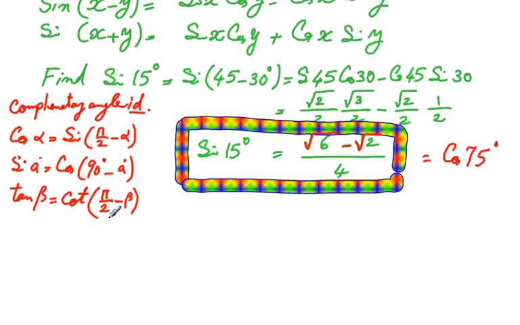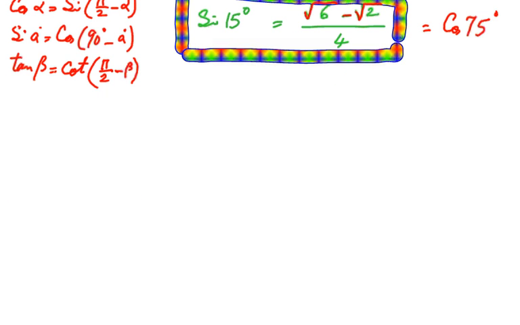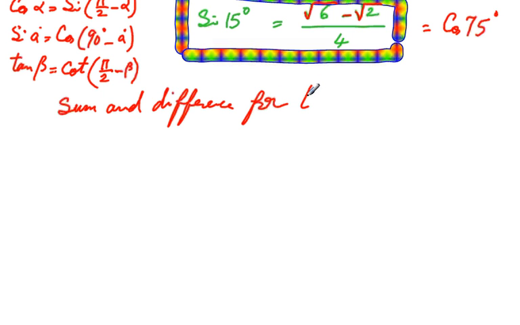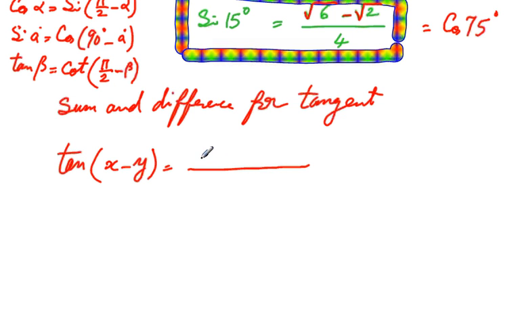So let's do some maybe more advanced examples of these identities. Tangent of, say, x minus y is tangent of x minus tangent of y, over, no, it's very different from the ones that we have seen.